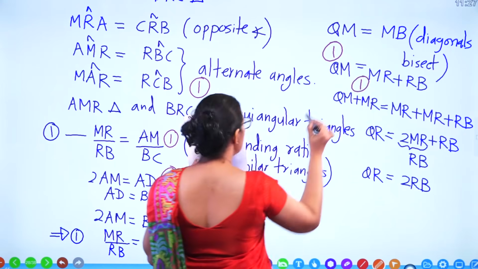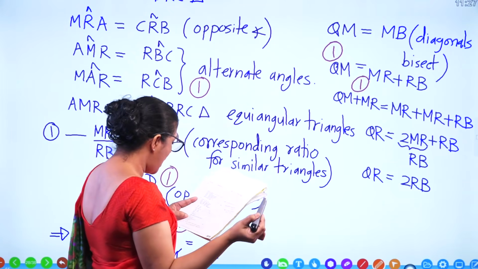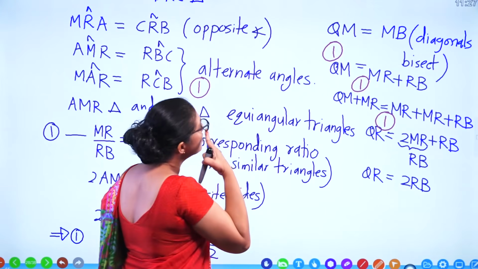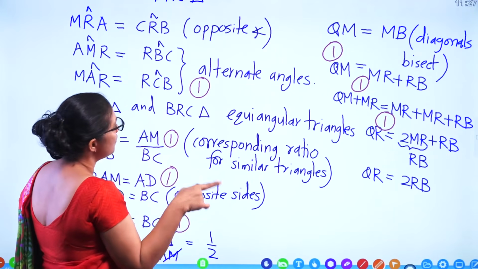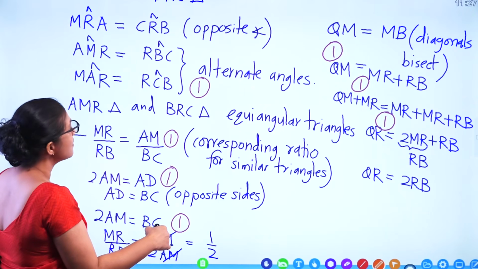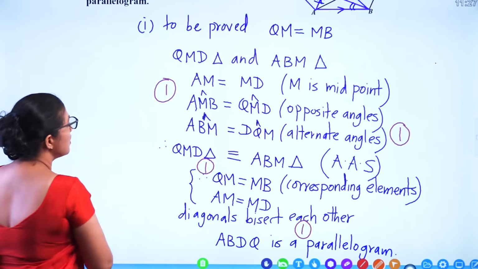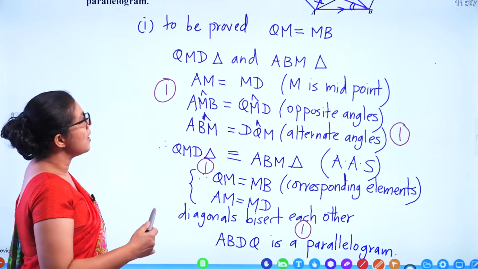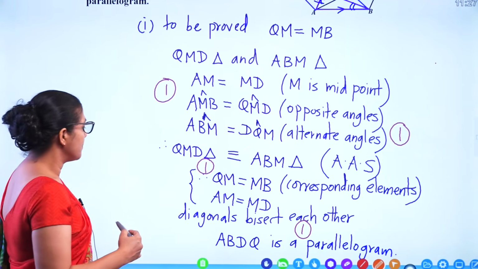Step 1 mark. And adding MR and getting this one, just 1 mark. So how many marks? 3, 4, 5, 6, 7. 7 marks for this and 3 marks for this. Everything 10 marks for the whole question.